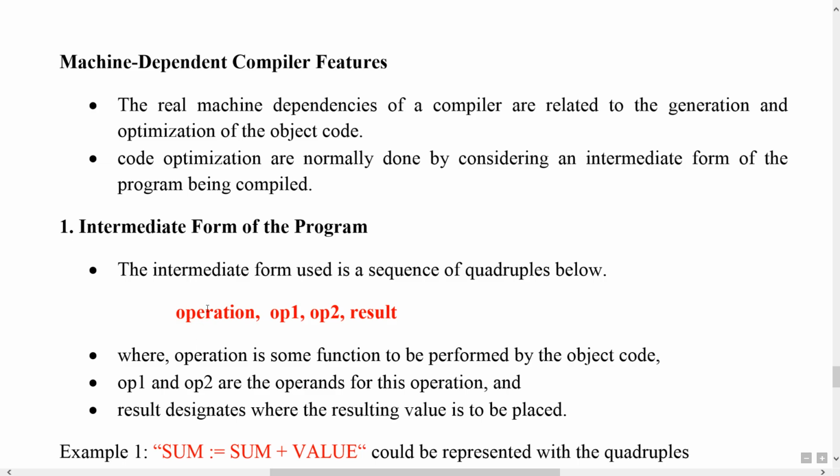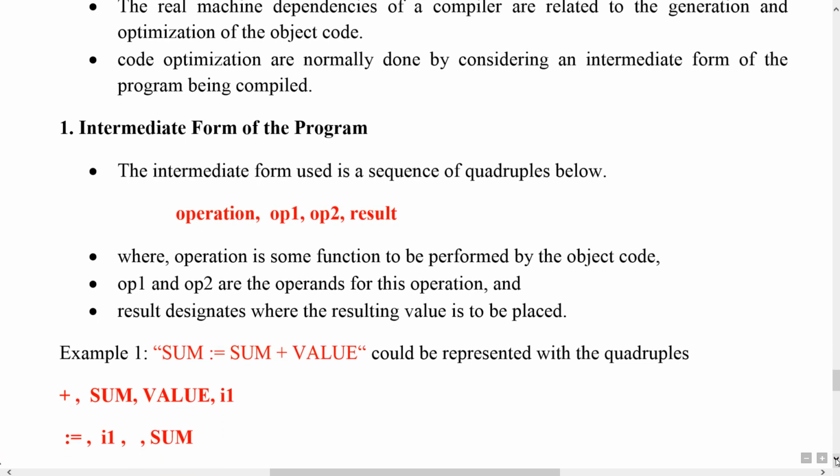The operation to be performed may be plus, minus, star. OP1 and OP2 are the operands, and the result is where the final value is stored. For A into B, the operation is star, A is operand 1, B is operand 2, and the resulting value is placed in result.